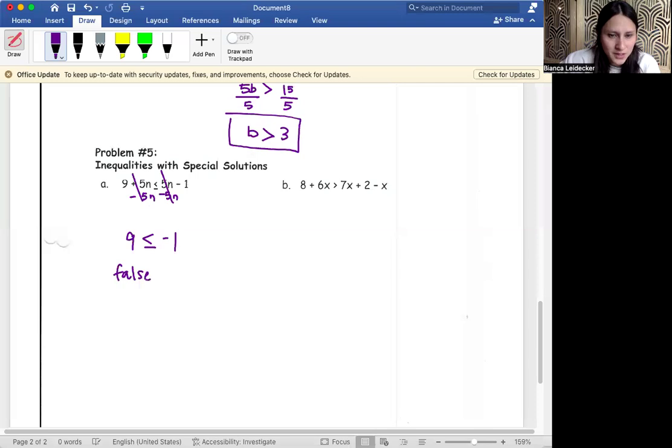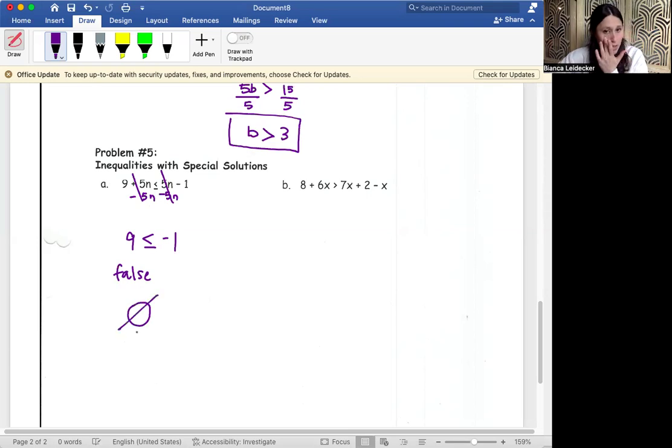When we see false statements, oftentimes the variables cancel or you're left with n equals n or something like that. What we see is a no solution.